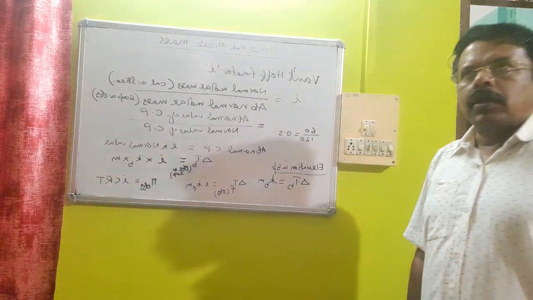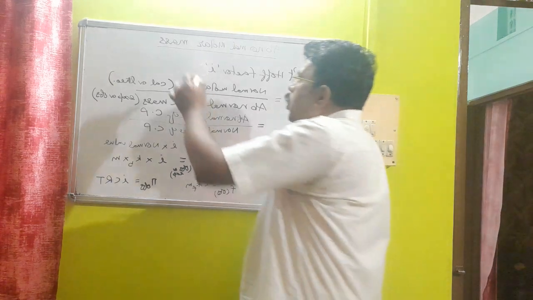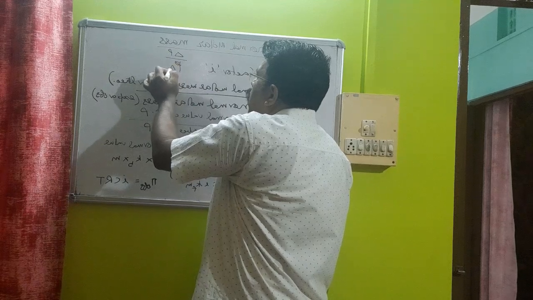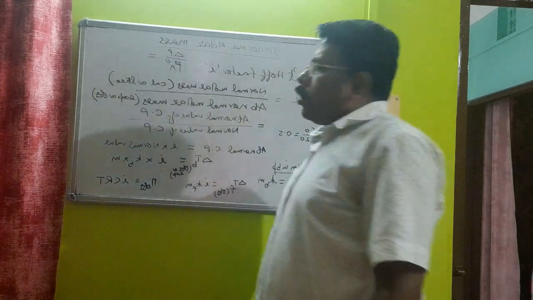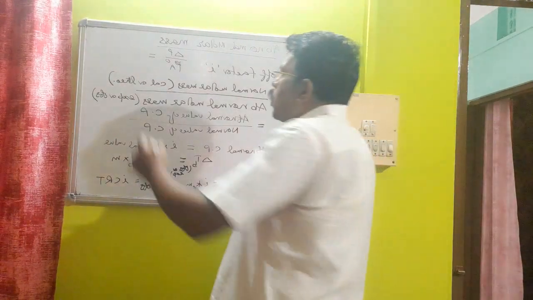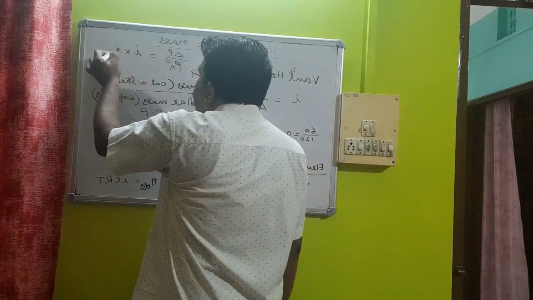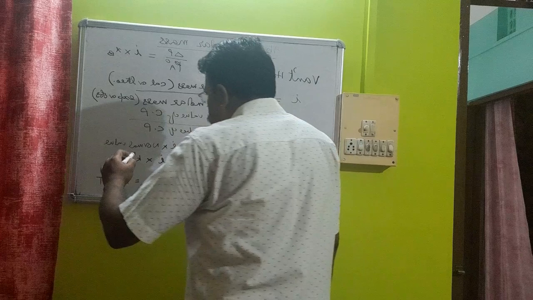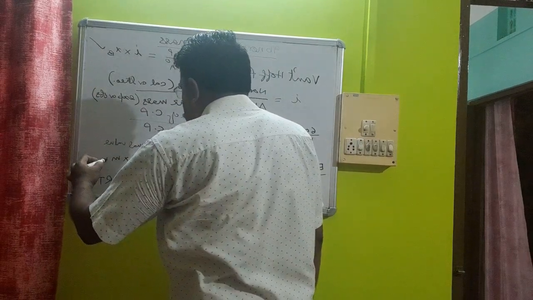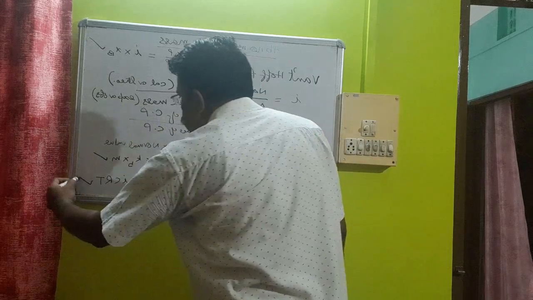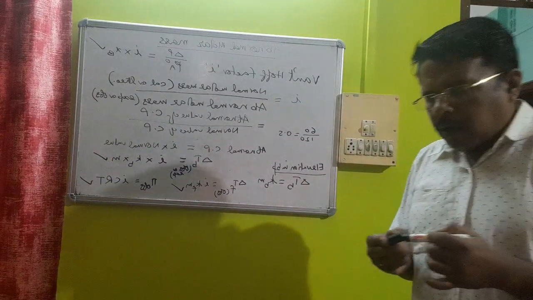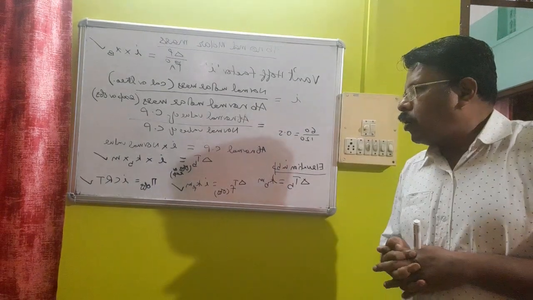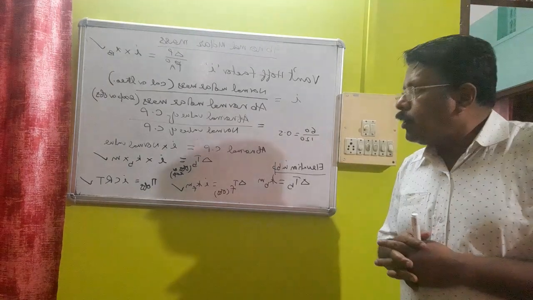If you are talking about relative lowering in vapor pressure, then delta P by PA naught is normally chi B, so it will be i times chi B. So children, these are the modified relations of colligative property, if it is said that there occurs association or dissociation of solute in the solution.